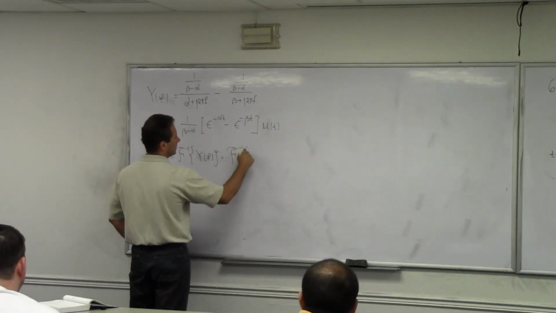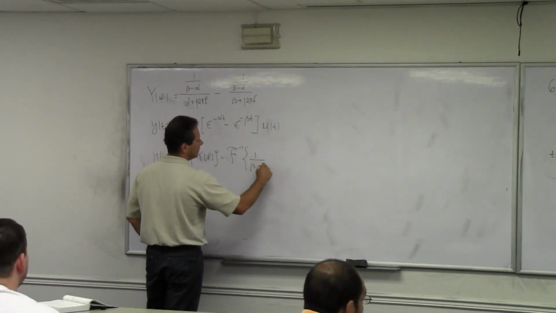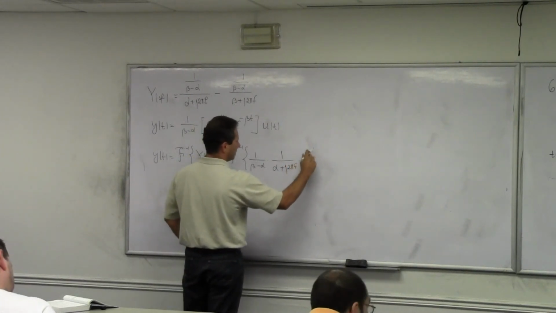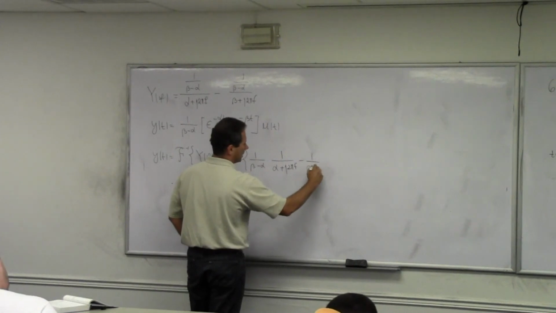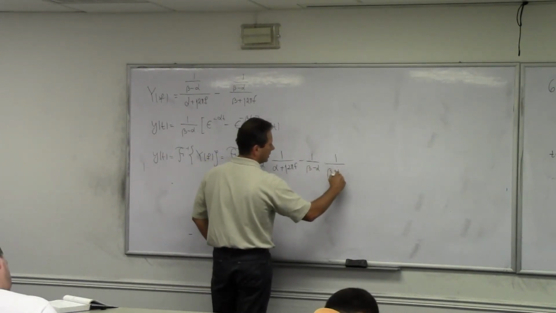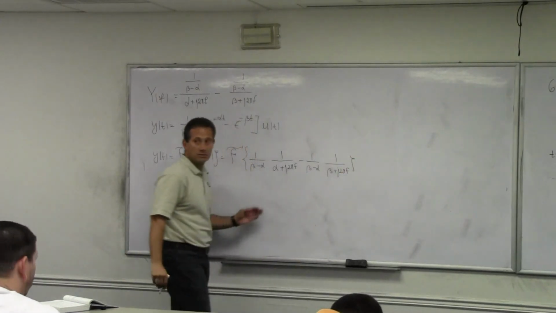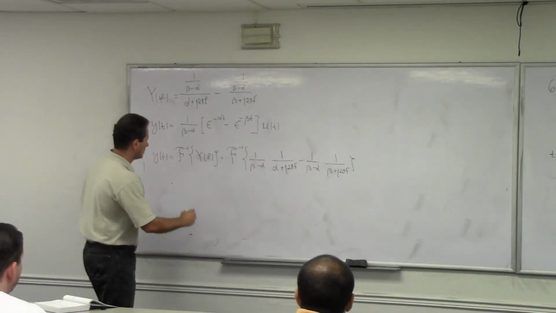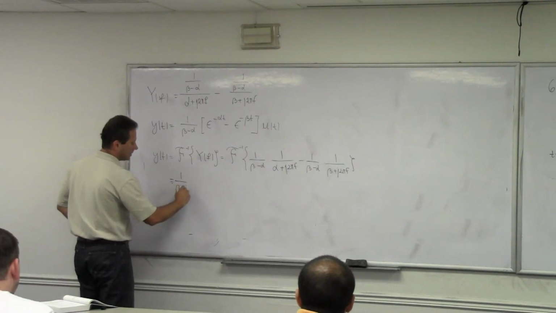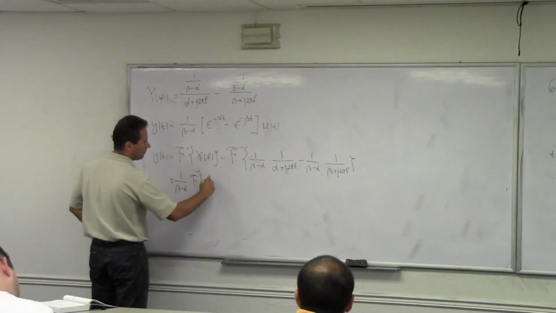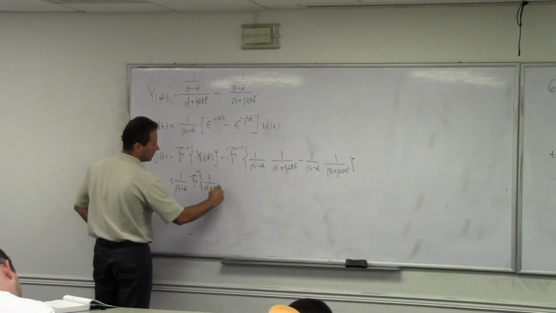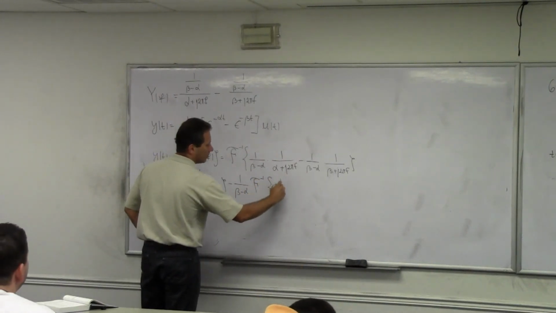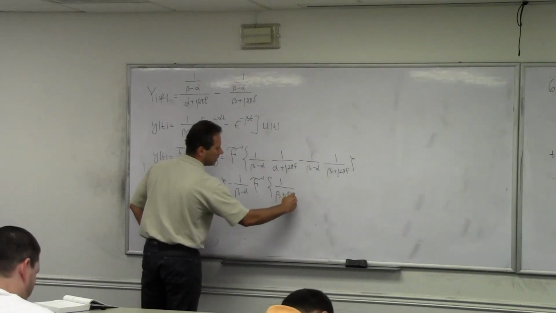I skipped quite a few steps here, but let's put in 1 over beta minus alpha times 1 over alpha plus j 2 pi f, and then minus 1 over beta minus alpha times 1 over beta plus j 2 pi f. So far so good, just substitute. Y of f is this. Now the constant comes outside, so this is 1 over beta minus alpha times the inverse Fourier transform of 1 over alpha plus j 2 pi f, minus 1 over beta minus alpha times the inverse Fourier transform of 1 over beta plus j 2 pi f.